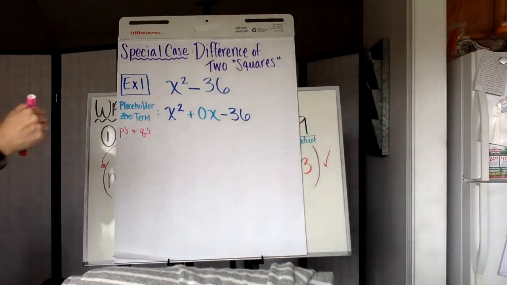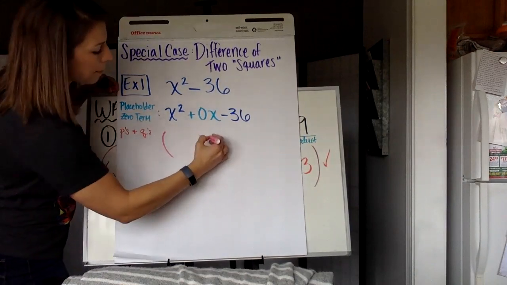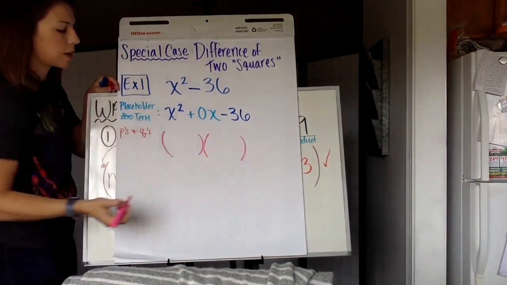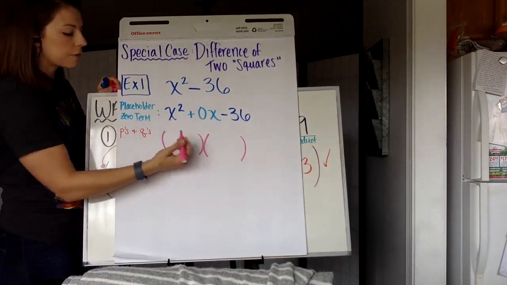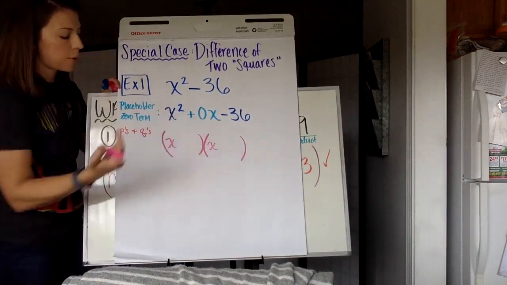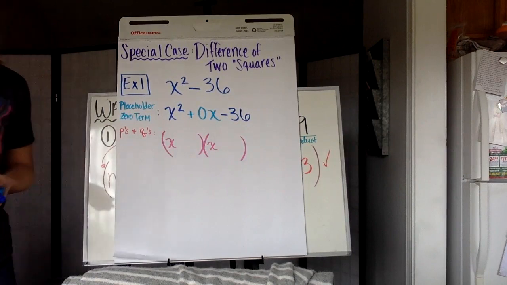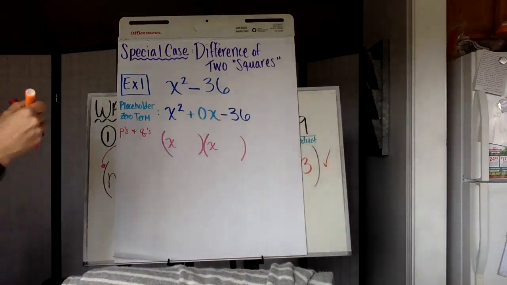So I'm going to set up our structure here. We know factoring with P's and Q's that my final answer is going to be a product of 2 binomials. The first term is going to be x in both, because x times x is how we get x squared. Now we have to find the other 2 terms. To do that, we play the P's and Q's game.